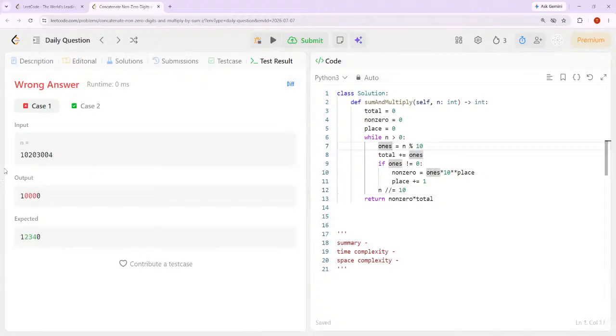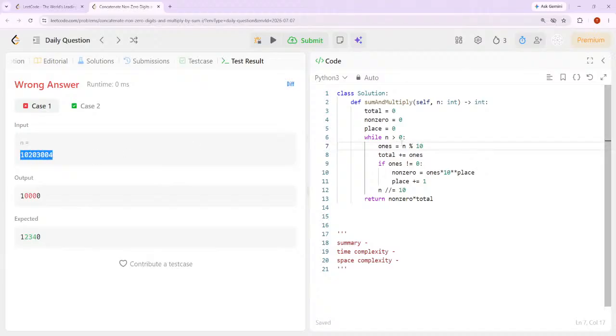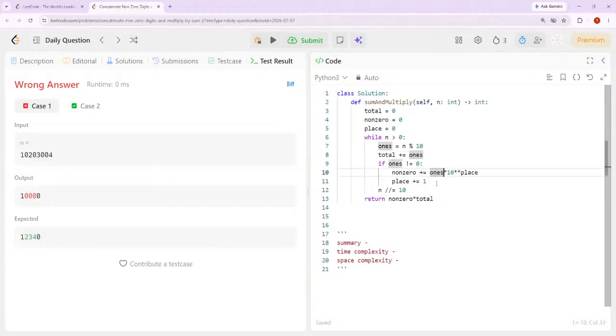So iterating over the loop, n is this number. Ones is 4. Total increases by 4. If the ones value is not equal to 0, then non-zero is, no, whoops, it should be plus equals. Yep.